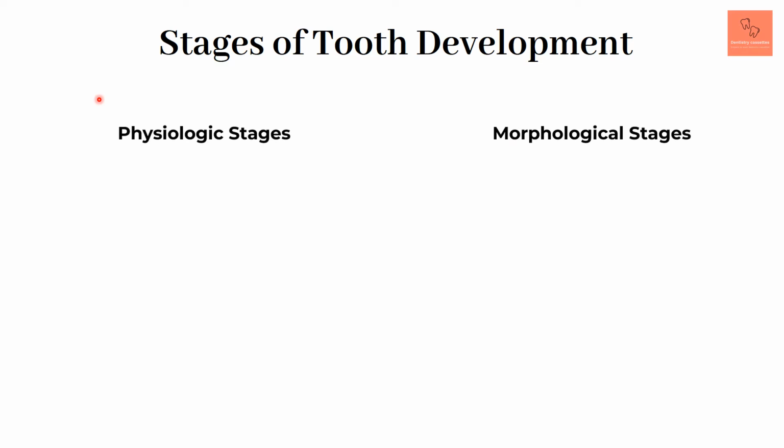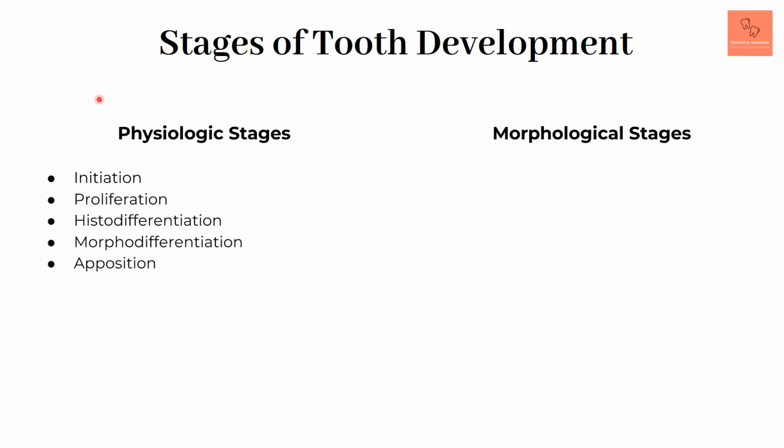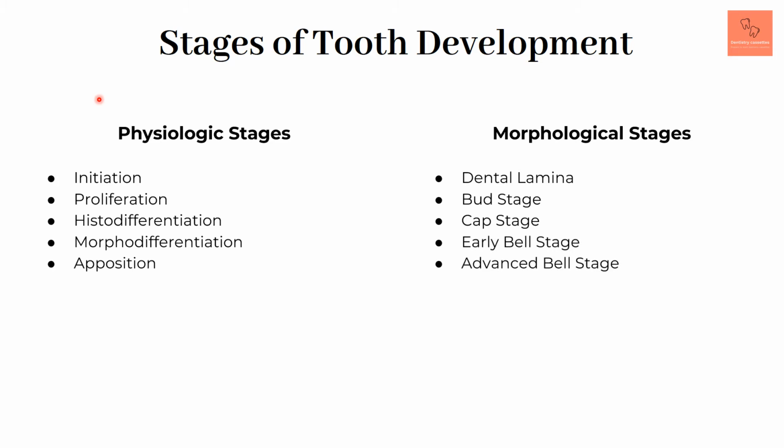The physiological stages include the initiation, proliferation, histodifferentiation, morphodifferentiation, and the apposition, whereas the morphological stages include the formation of dental lamina, the bud stage, the cap stage, the early bell stage, and the advanced bell stage.